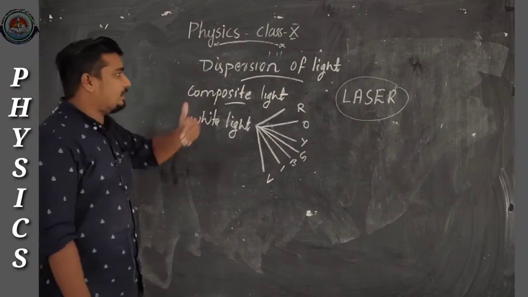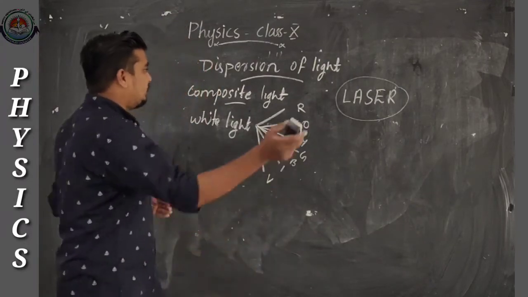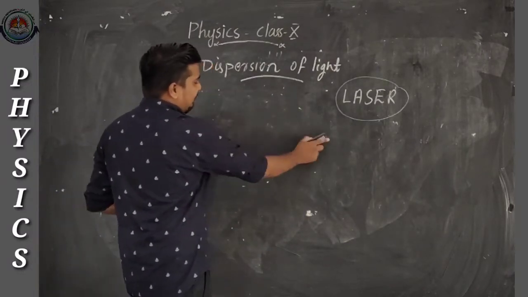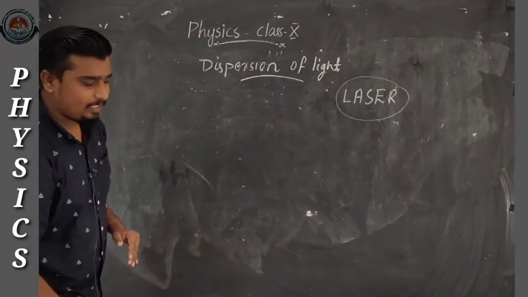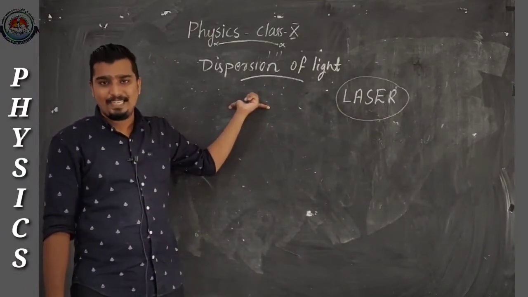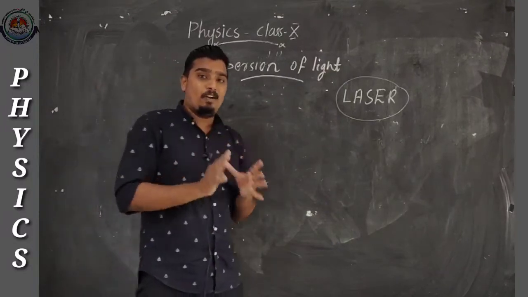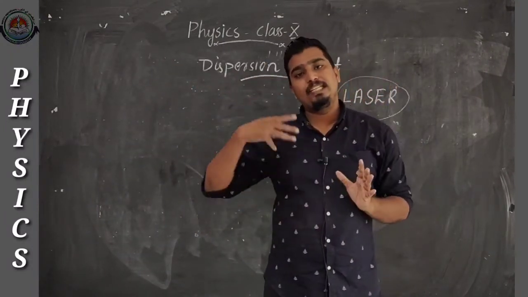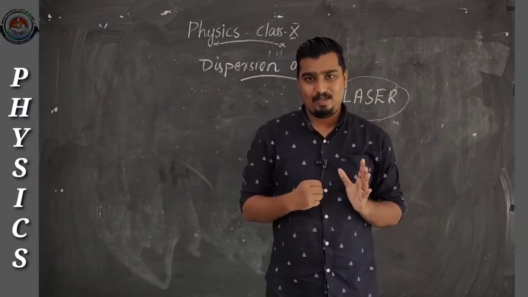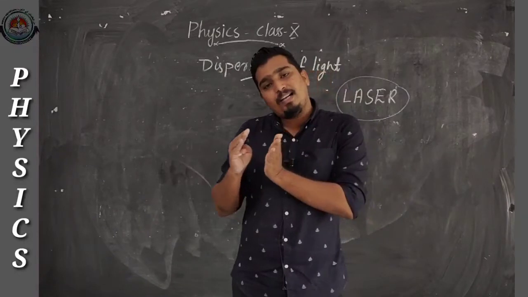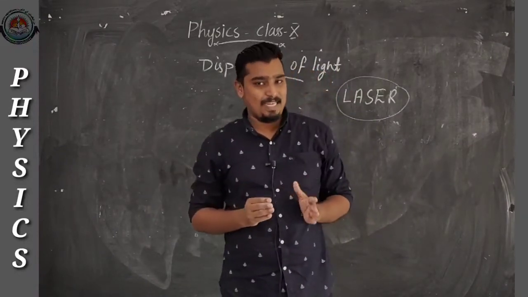Clear? Next we are going to discuss dispersion of light. Here the dispersion of light, or dispersion of white light, is the splitting of white light into its component colors or its constituent colors when it passes through a transparent medium.